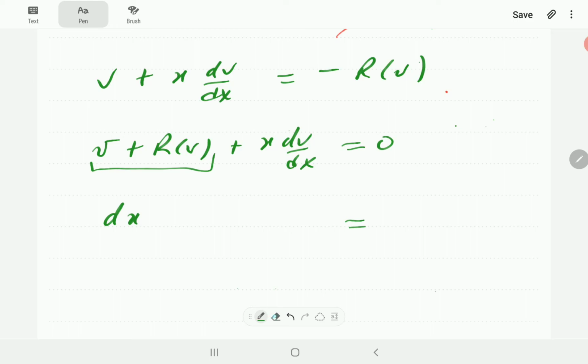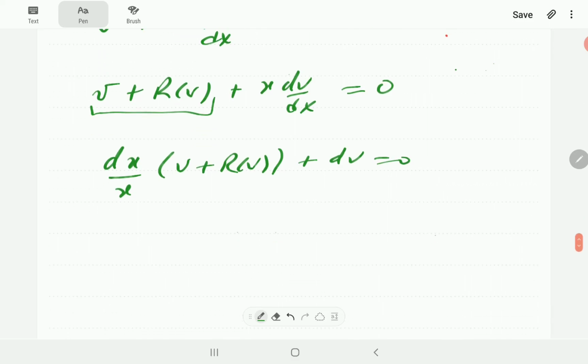Let me do that step by step. I'm going to multiply by dx and divide by x. So it's going to be dx over x times (v plus r of v), plus dv equal to 0.